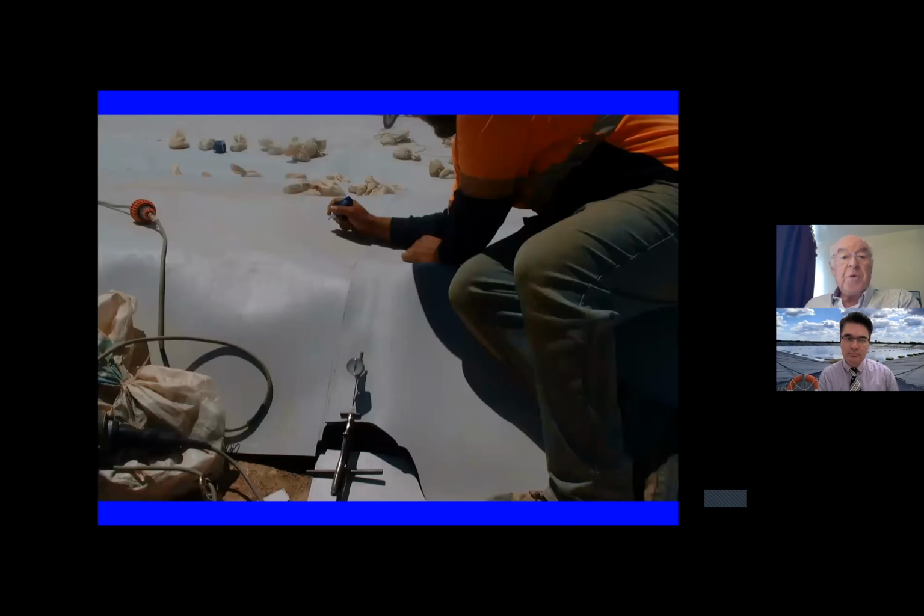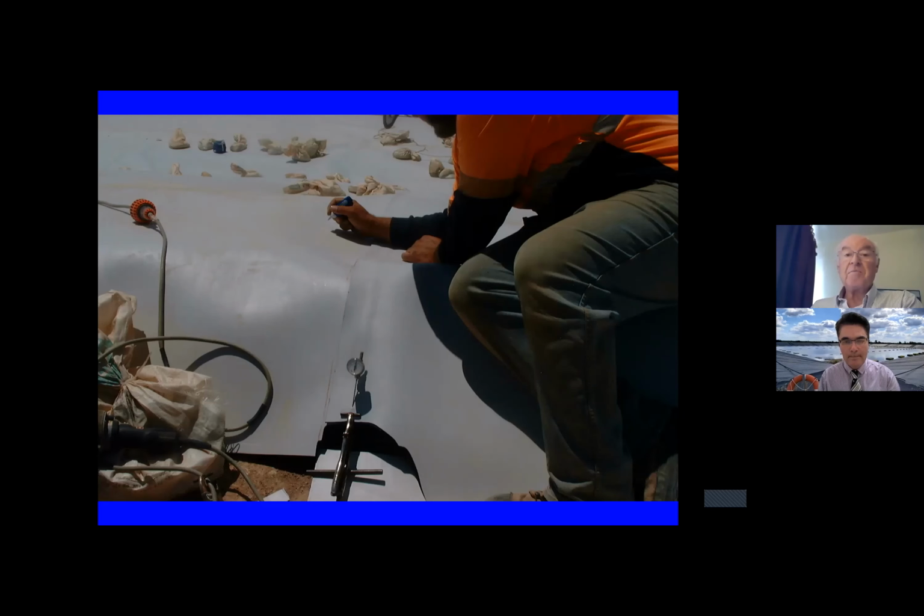So just a few pictures of the QA/QC. You can see the regular air pressure testing of the double track welding. There you can see the needle into the space between the welds, and that's been pressurized, and that gauge is showing that a pressure is maintained for the required number of minutes.